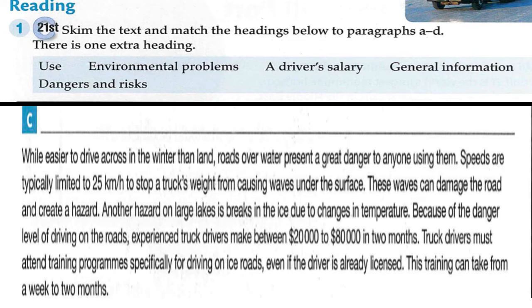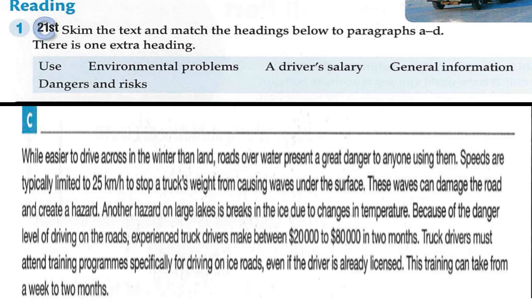While easier to drive across in the winter than land, roads over water present a great danger to anyone using them. Speed is typically limited to 25 kilometers per hour to stop a truck's weight from causing waves under the surface.